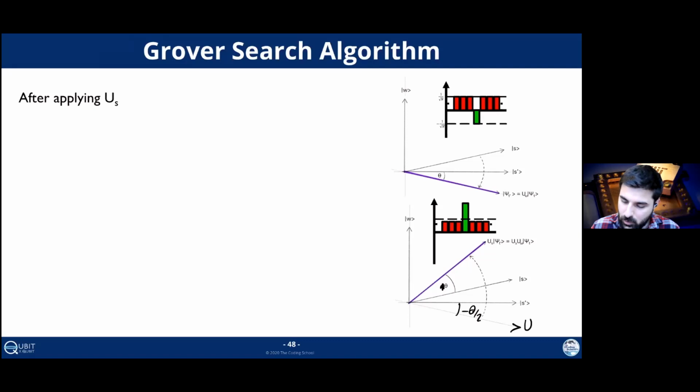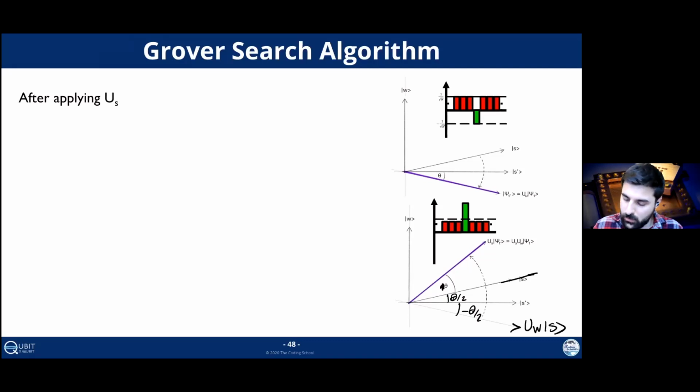This was U of W, the oracle operator acting on S. And now we're flipping things around the original superposition state. We started from this angle theta over 2 and went down to minus theta over 2.